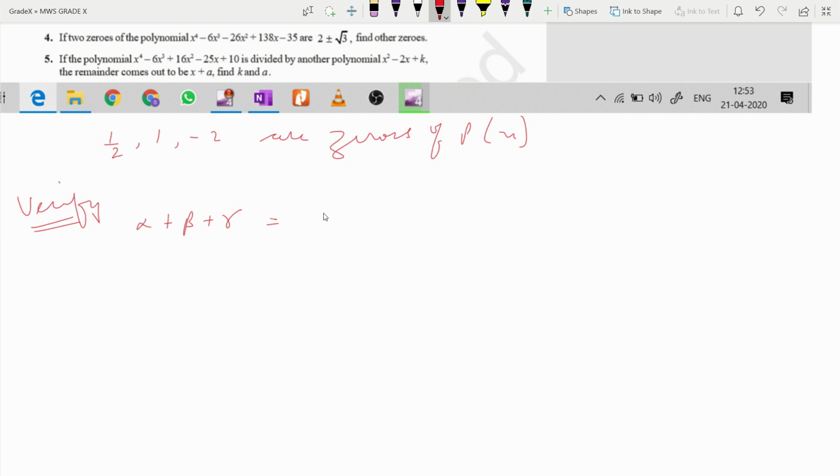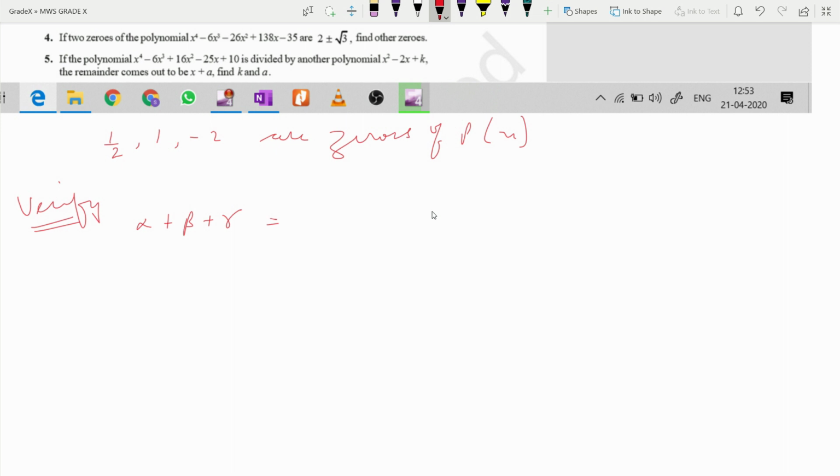Yeah, one of the students has asked me, sir, can we do like this? See, I have told you about quadratics, when we did the quadratic polynomial in exercise 2.2, there also we did verification, where we did sum of zeros and product of zeros. In that, one of the students asked me, I don't remember the name now, sir, can we do like this?